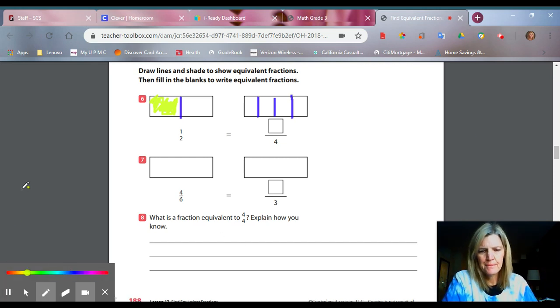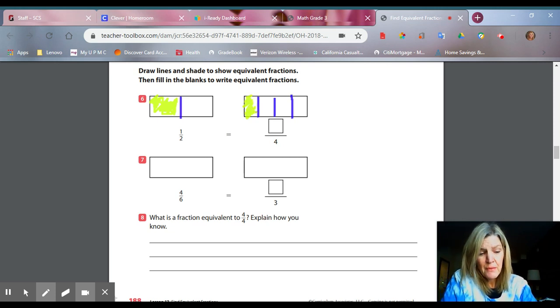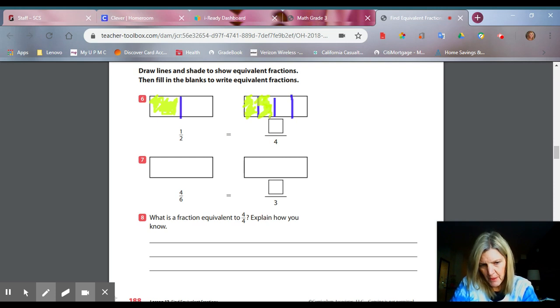So let's take a look. Oh, you always want to start at the left. Is that enough to be equivalent to half? I don't think so either. Let's try 2/4. Is that enough to be equivalent to half? Looks about right to me.